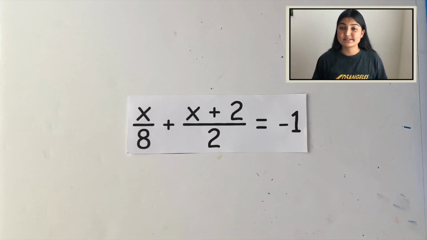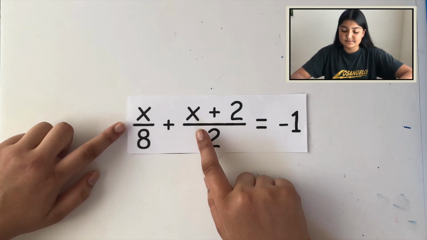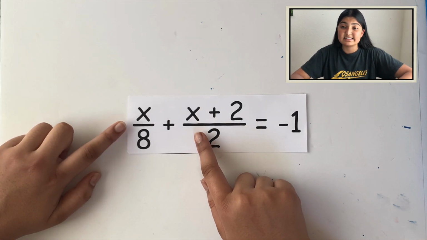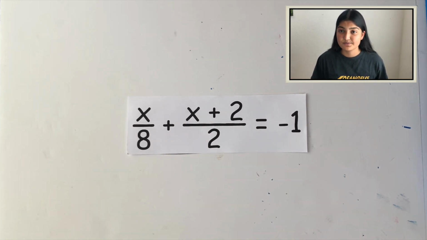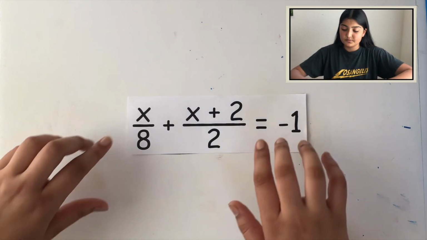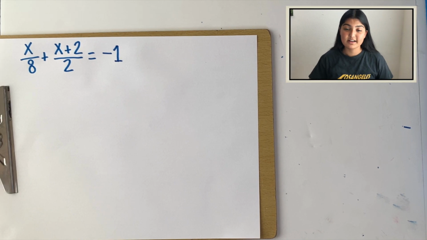The variable in this equation is x, and it is the value that we need to solve for. So let's start by writing this equation again. Here, I've rewritten this equation.